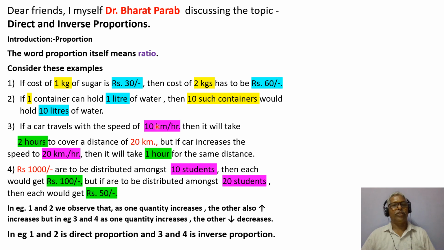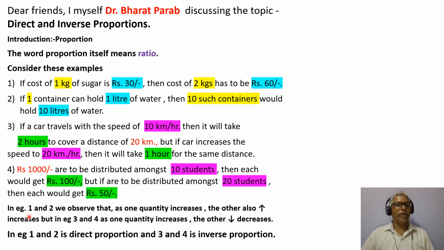That means this increases, this decreases. Similarly here, when 10 students get 100 rupees, but when students are increased to 20, then the amount decreases to 50. So this is going down when this increases. This is what is given in this comment.